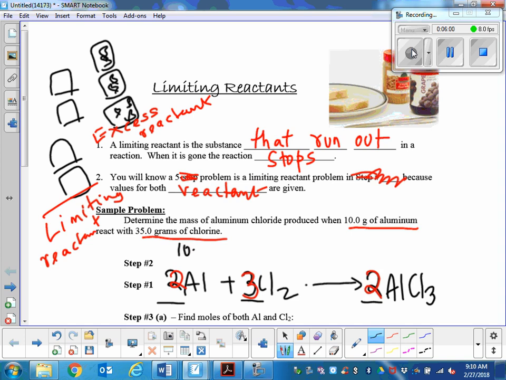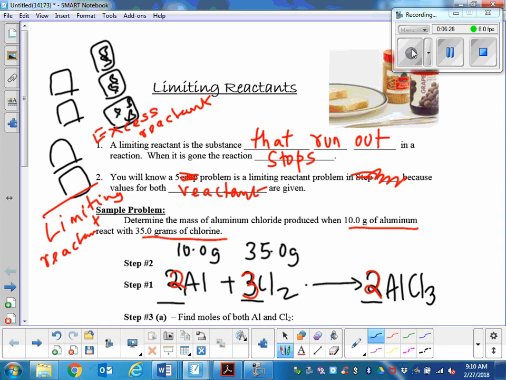You're given 10 grams of aluminum, and how many grams of chlorine are you given? 35 grams of chlorine. The question is, you have to determine which is your limiting reactant. Can you just look at 10 grams and say 10 grams is the limiting reactant because it's lesser in amount?